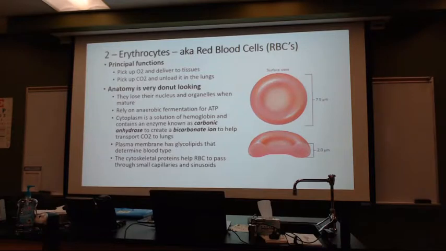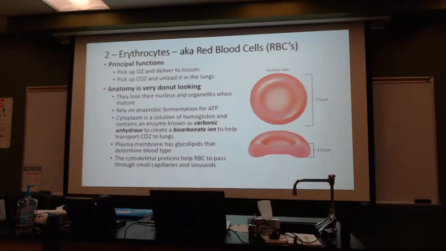Because for that red blood cell to make its product, we've got to have the nucleus, we've got to have ribosomes, we've got to have endoplasmic reticulum, and therefore it needs to make its product. What is the product of the red blood cell?